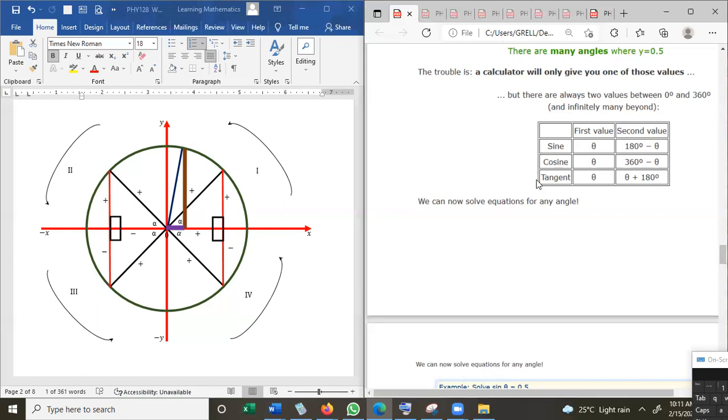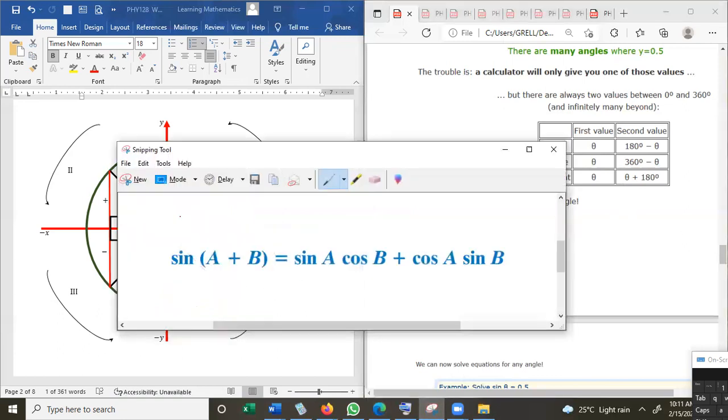Third is tan, and fourth is cos. And 180 minus, 180 plus, and 360 minus. And in fact, if you put cosine last, it is kind of the odd one out in terms of 180 and 360. So, okay, we can grab this little table.